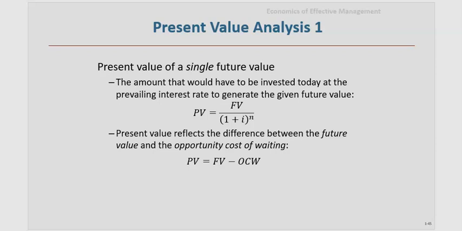Imagine we have a single future value that happens in year N. If you receive a future value in year N, you would discount that by the denominator of this fraction, 1 plus the interest rate or the discount rate, raised to the power of N. The present value is going to be less than the future value, and the difference can be considered the opportunity cost of waiting.